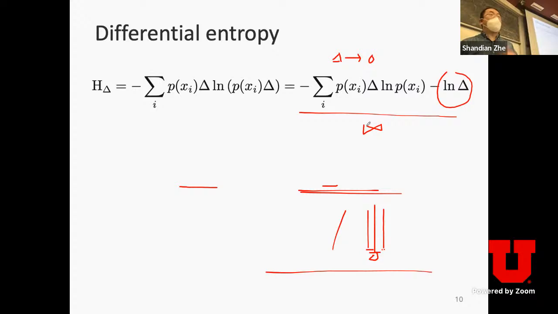Although in a Gaussian distribution, this is the exact same correspondence, because you will see that for the Gaussian distribution, the entropy is simply the log determinant of the covariance matrix. But for other distributions, it's not exactly the same.